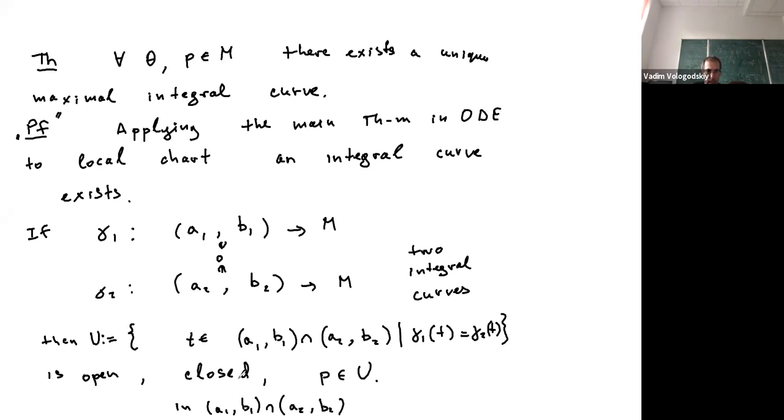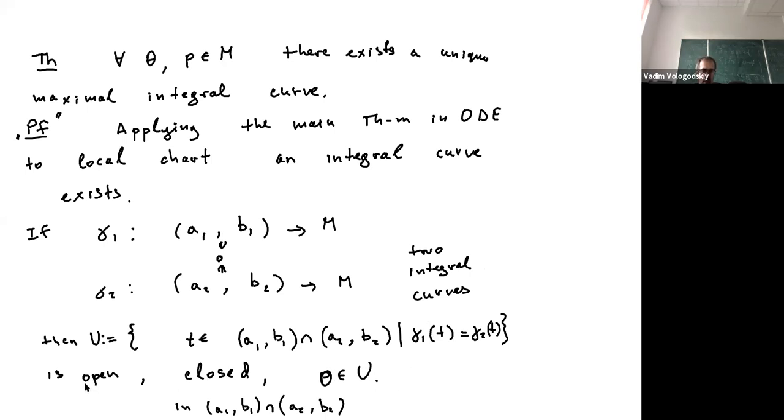The fact that it's closed is obvious because these are two continuous functions, so the set of points where they are equal is definitely closed. P is in U because we consider integral curves through P. Sorry, this must be 0, not P. When t is 0, gamma 1 of 0 is equal to gamma 2 of 0 is equal to P.